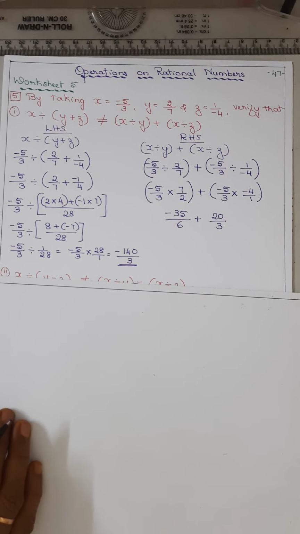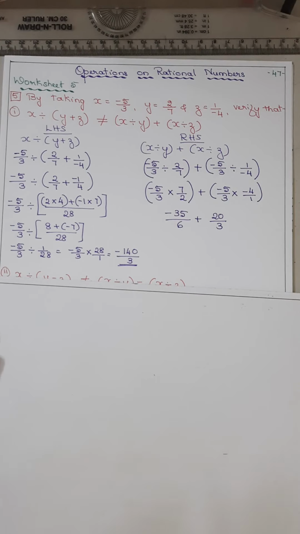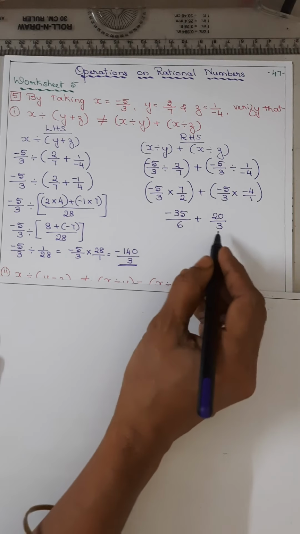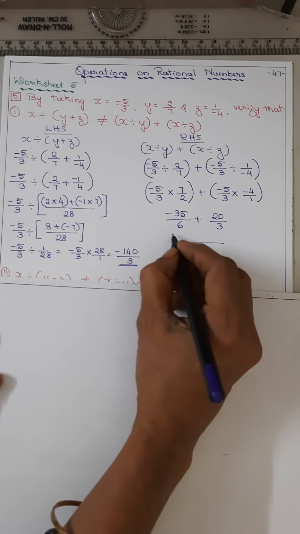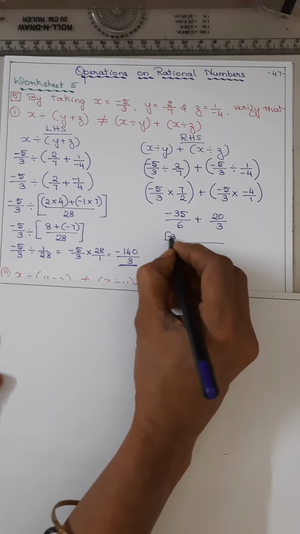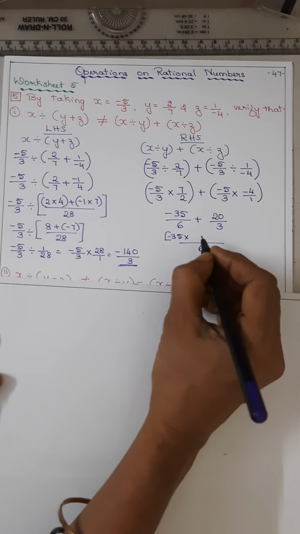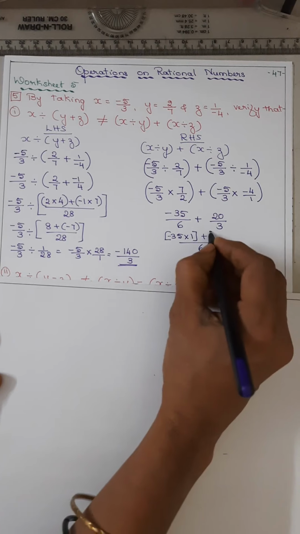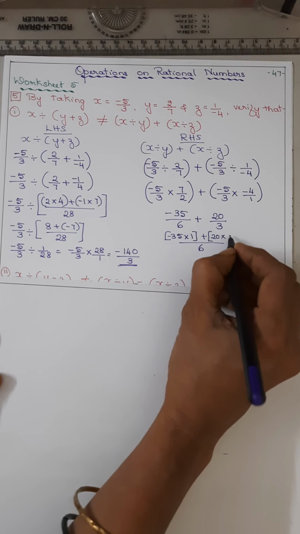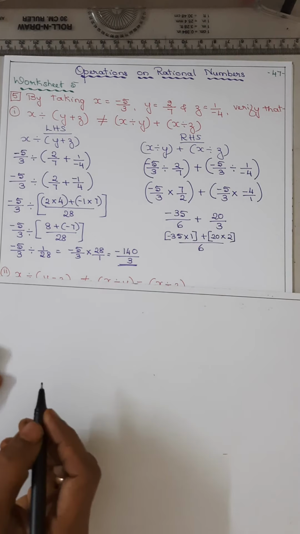The same method, slow and steady, you have to do. Now 6 and 3, what is the LCM? It is 6. So the numerator is -35 into 1, plus here it is 20 into 2, isn't it?